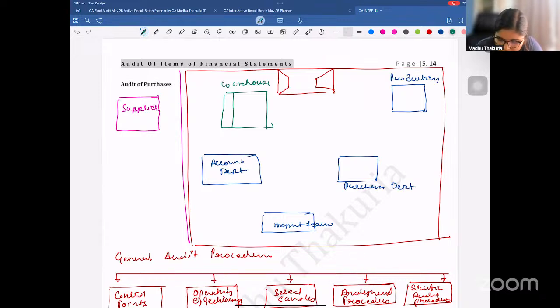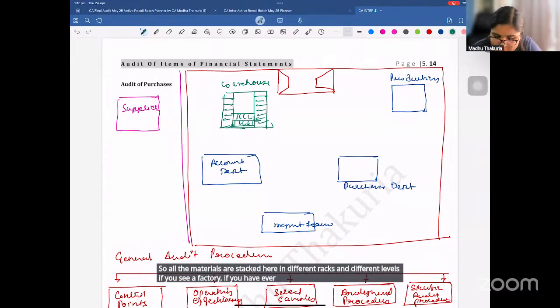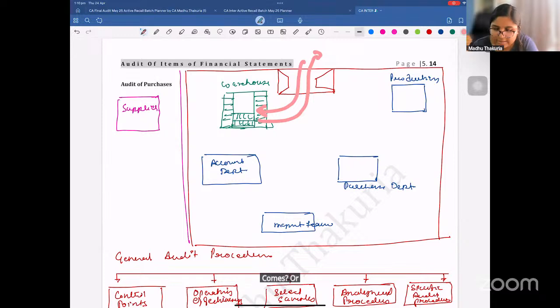So all the materials are stacked here in different racks and different levels. If you have ever seen a factory, you will imagine how things look over here, right? So the material comes or goes from this gate.